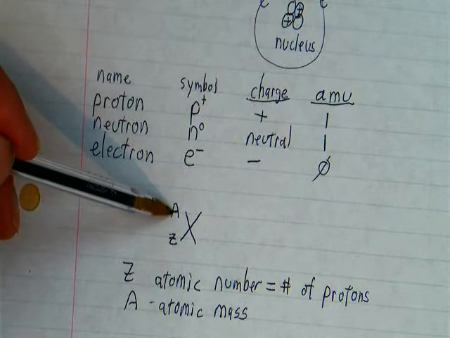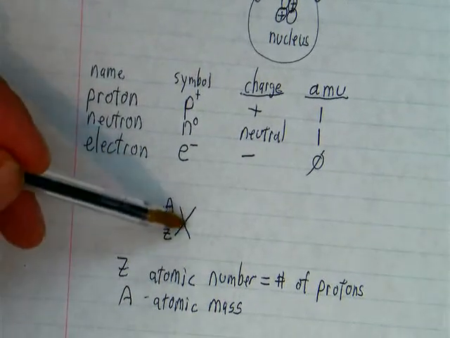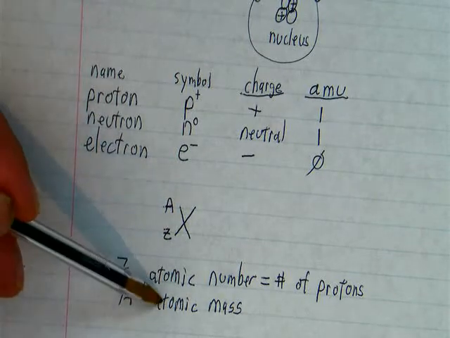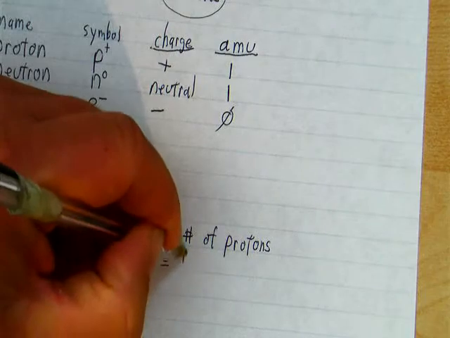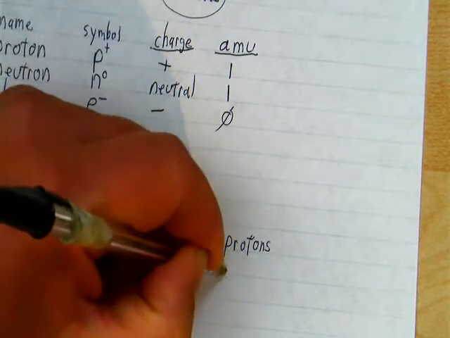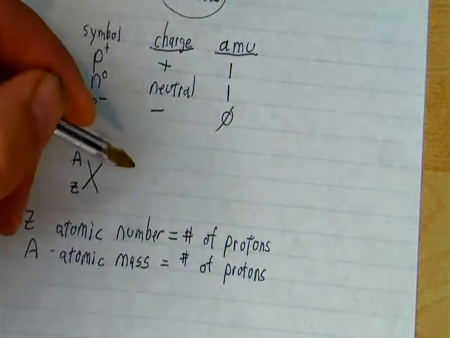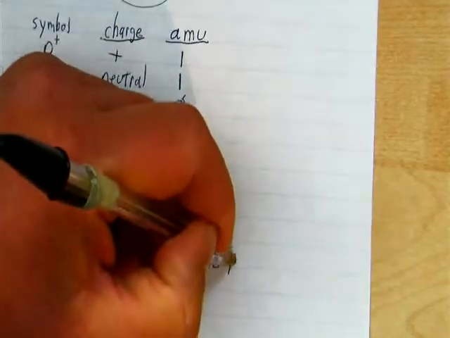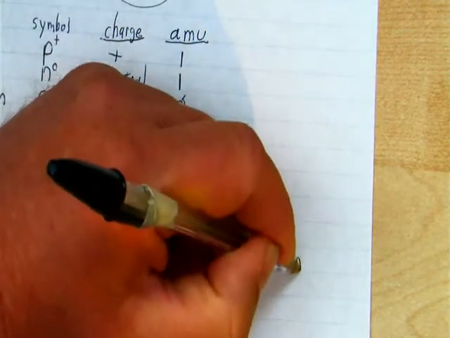But on one given atom of any element, its atomic mass equals the number of protons. But that doesn't make sense, so there's more. So plus the number of neutrons.